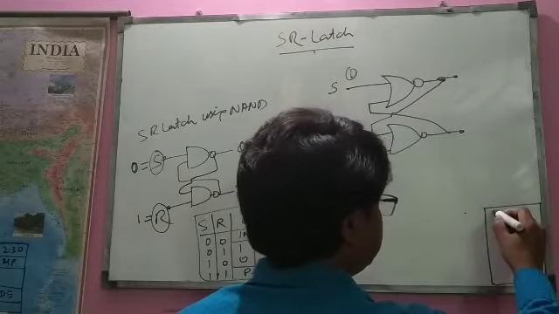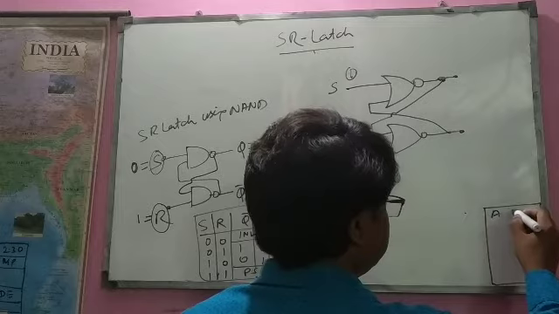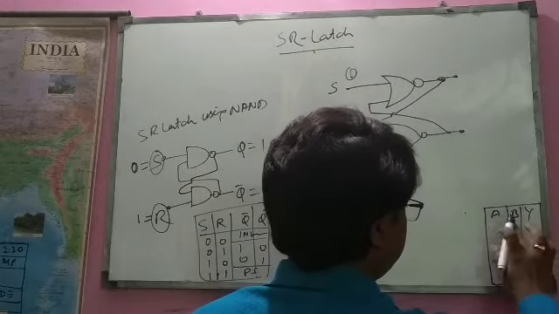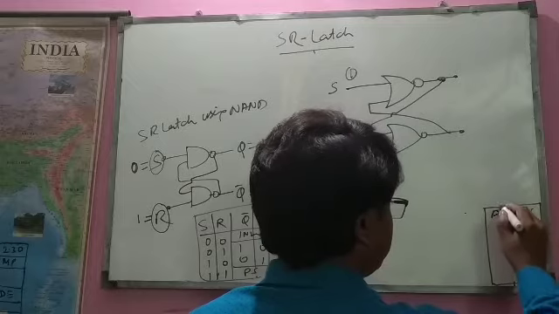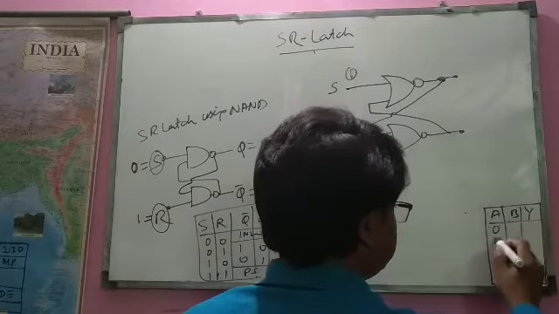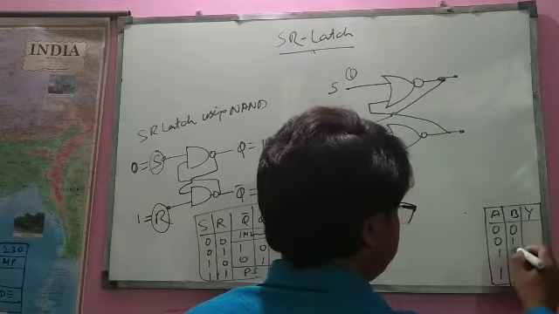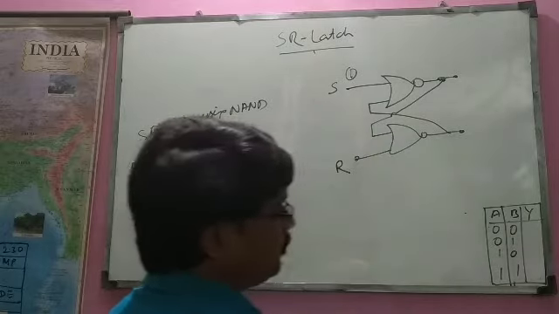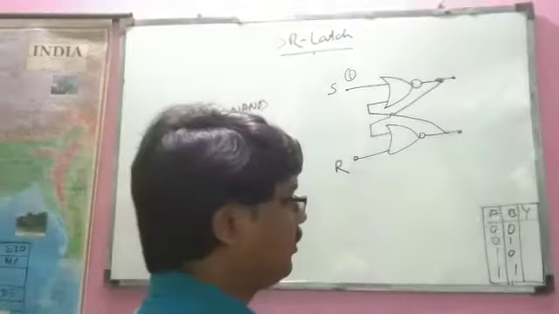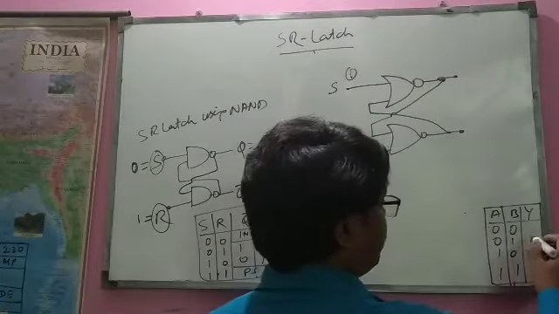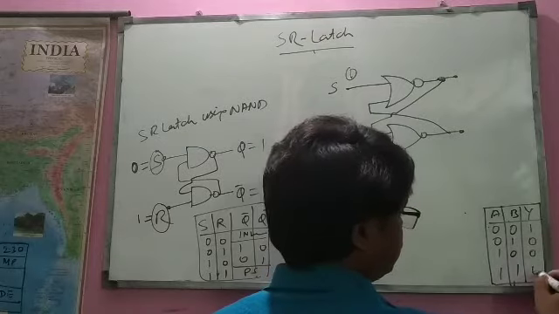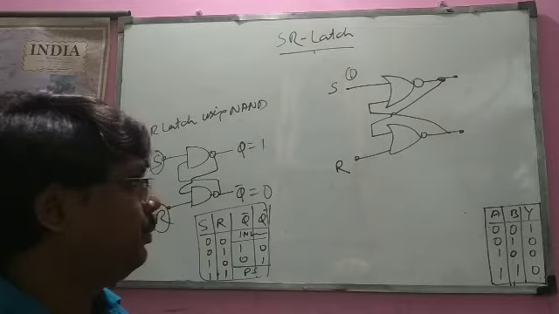So this is A, this is B, this is Y. This is the 2 input NOR gate, and this is 0 0 1 1 0 1 0 1. What will happen to the NOR gate? NOR means opposite of OR. Opposite of OR. So OR was 0 1 1 1, so it will be 1 0 0 0. So see the beauty.